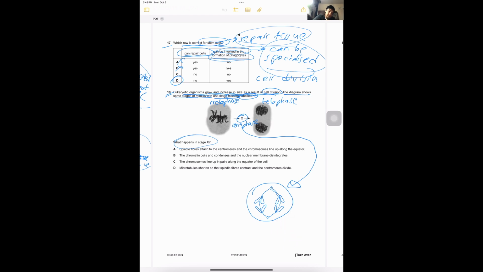So spindle fibers attached to the centromeres and the chromosomes line up. That is wrong. The chromatin coils and condenses. Wrong. Chromosomes line up in pairs. Wrong. Microtubules shorten so that spindle fibers contract and centromeres divide. This is what is happening in this.